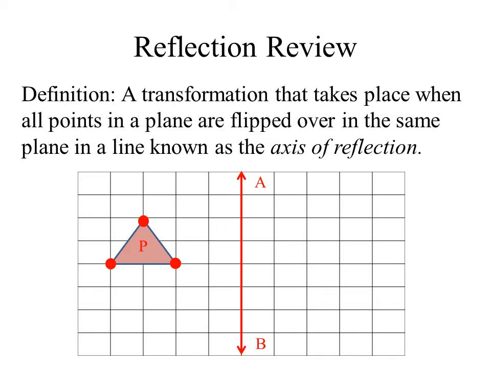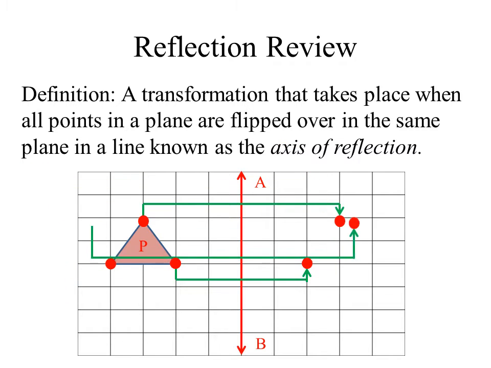Like we looked at last time, our top point is moving 1, 2, 3 units to the axis of reflection, and then we must count another 3 units beyond. Next one, we're moving that point 1, 2 units to the axis of reflection and 1, 2 units beyond.